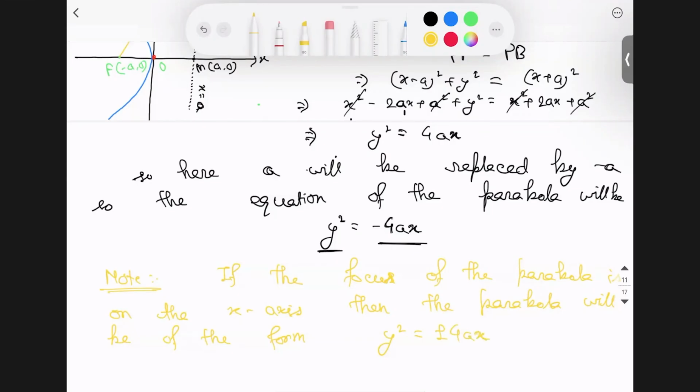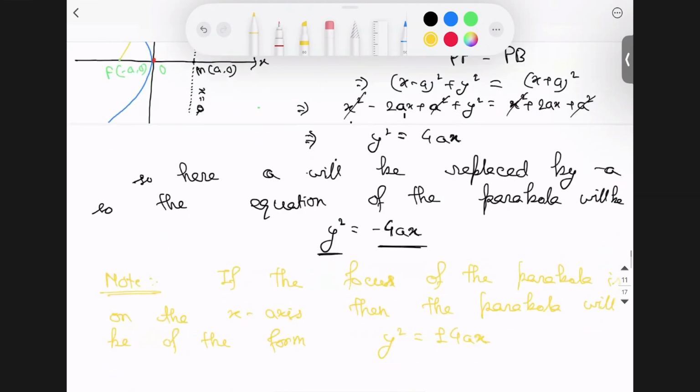Okay, so the equation of the parabola will be obtained from y square equals 4ax. And now the question is, if the focus of the parabola is not on the x-axis, it can rather be on the y-axis. That case we will discuss now.